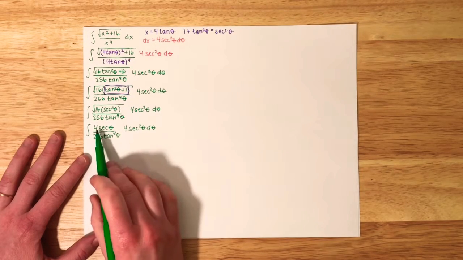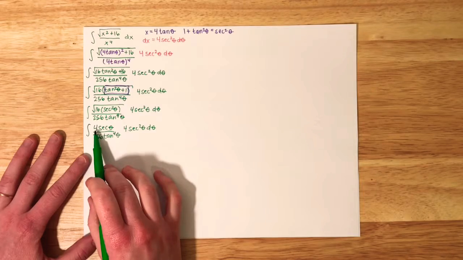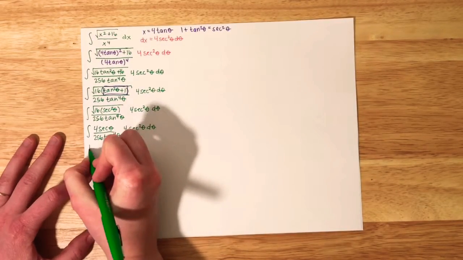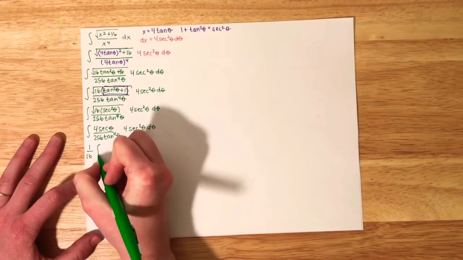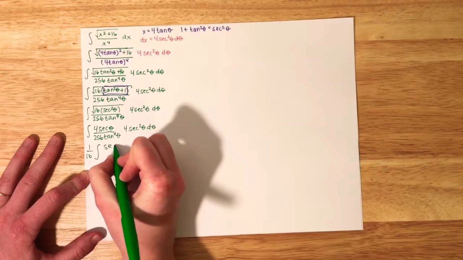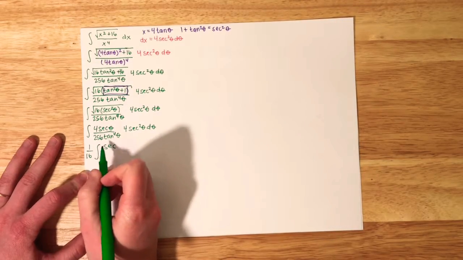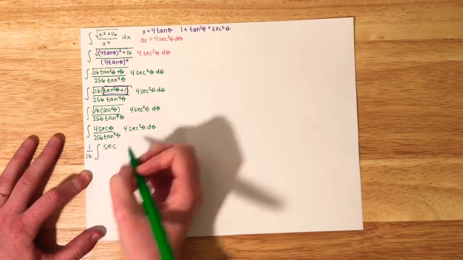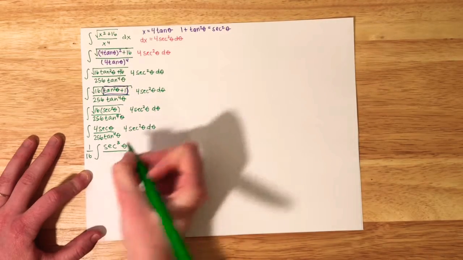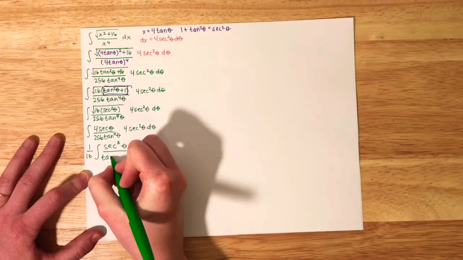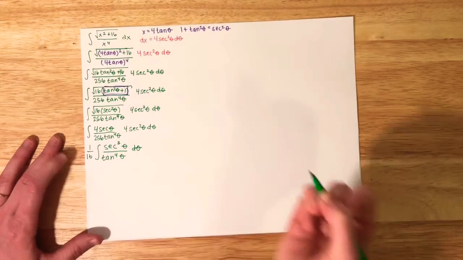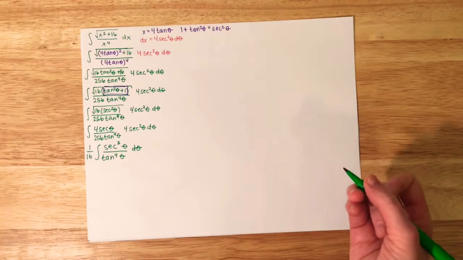I'm going to pull out this 4, so this would be 16 over 256, which is the same as 1/16. So I'm going to pull that out. Then we're left with 1/16 of the indefinite integral of secant cubed theta all over tangent to the fourth theta d theta. So that makes this a little bit simpler.